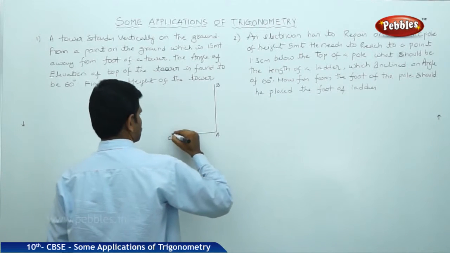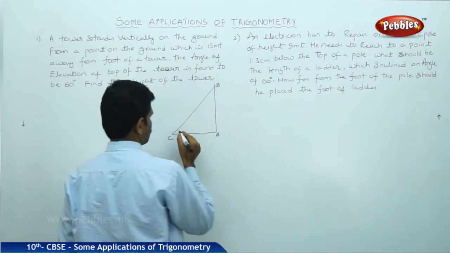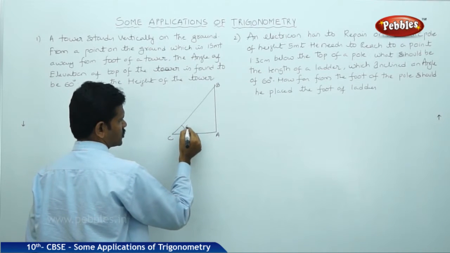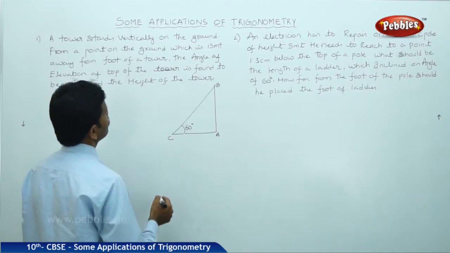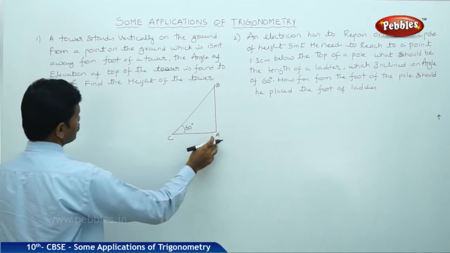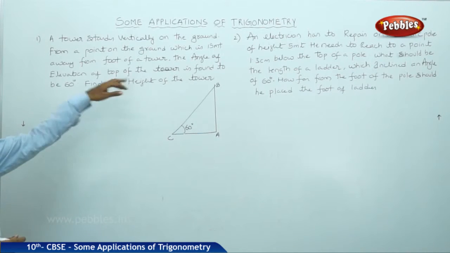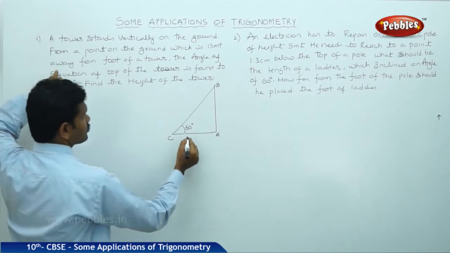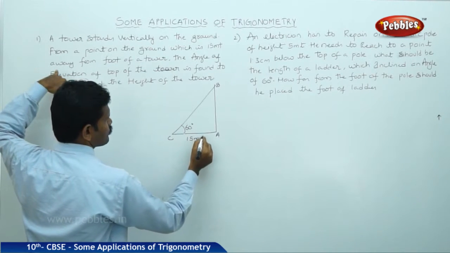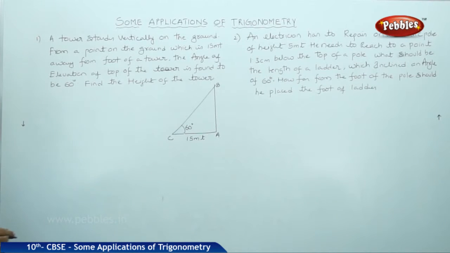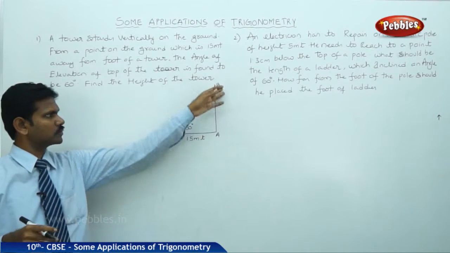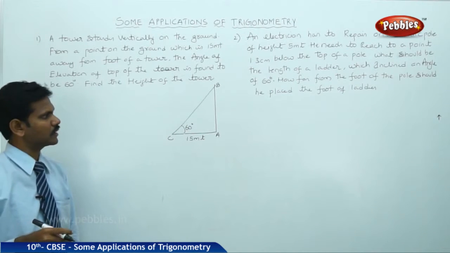That is, the top of the tower is B, the angle is 60 degrees, and the point is 15 meters away from the foot of the tower. We have to find the height of the tower AB.